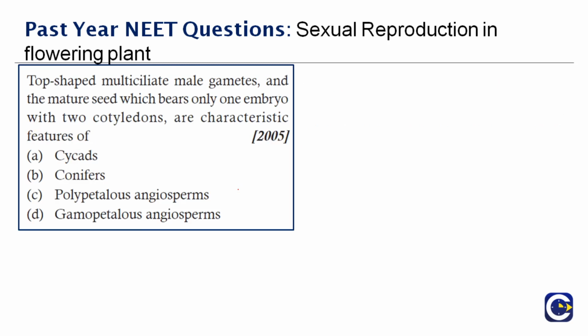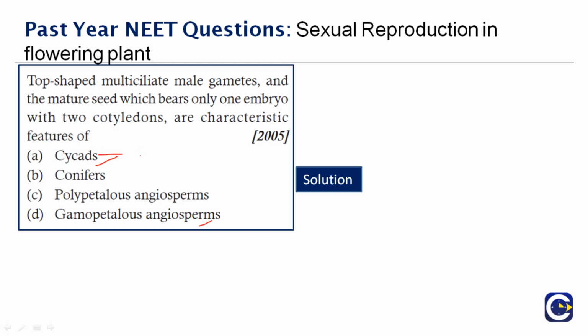Next question here. Top-shaped multiciliate male gametes and mature seeds which bear only one embryo with two cotyledons are characteristic features of dash. The right answer to this question is Cycas, which is option A. You can ask me what these are.